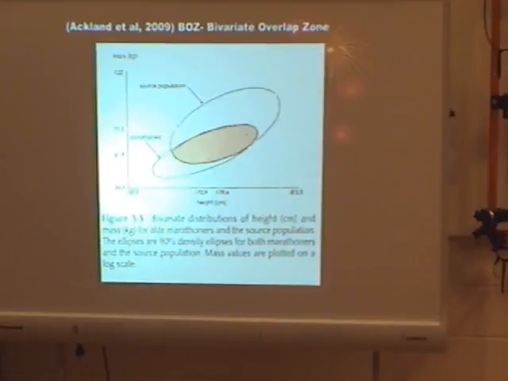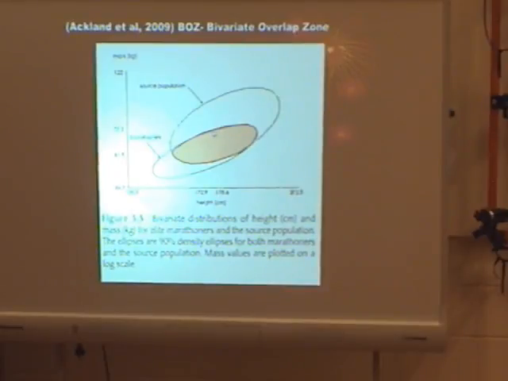And then if you look and see where these overlap, this gives you a stat they call the BOZ, the bivariate overlap zone. This overlap zone gives you an idea of how different the marathoners are to the source population. Or if this wasn't marathoners, the shot putters, or whatever sport population you're trying to compare to the whole base comparison, this bivariate overlap zone will tell you that.